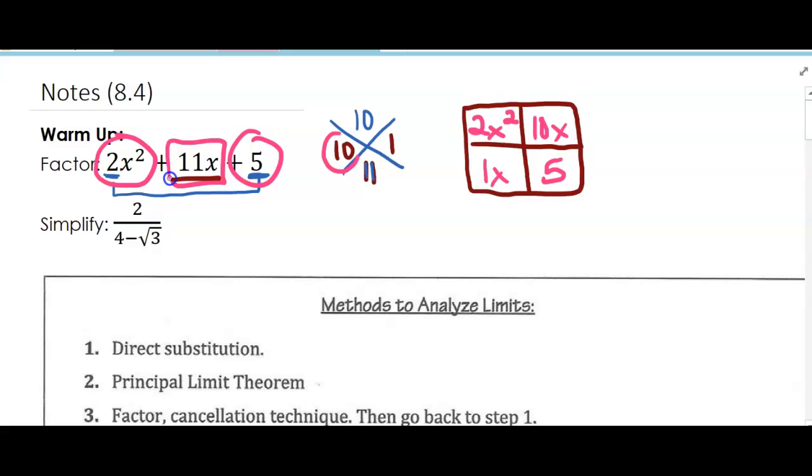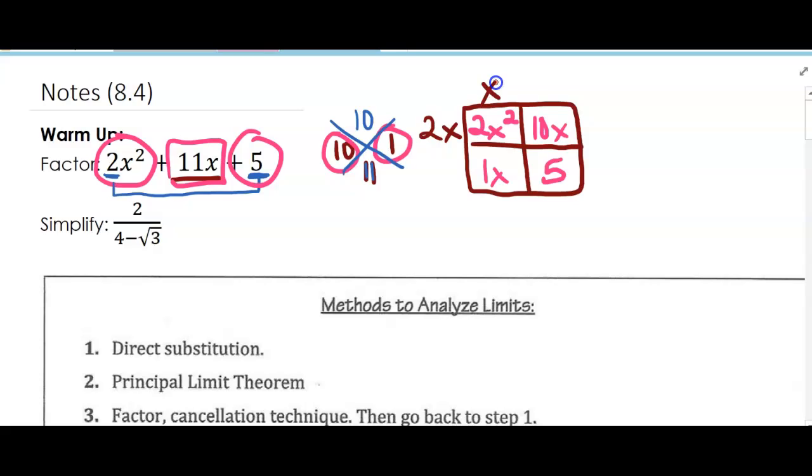What this allows us to do then, of course, is to pull out our GCFs of each row and column. If I'm looking at this first column, 2x squared and x, both of those share an x in common, whereas if we're looking at this first row, both of those terms share a 2x in common.